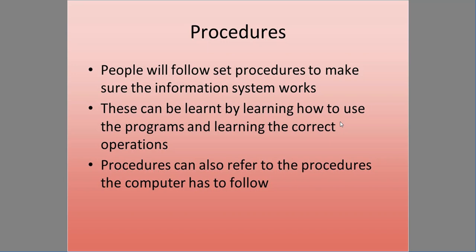If we view the information system as a computer program, there's going to be a way that we need to follow in order to make sure that the information system works correctly. That could be, for example, learning how to use the program. So we might be told, okay, here's where our information system is, this is how you access the data, this is how you use the data, and learning those correct operations as well.